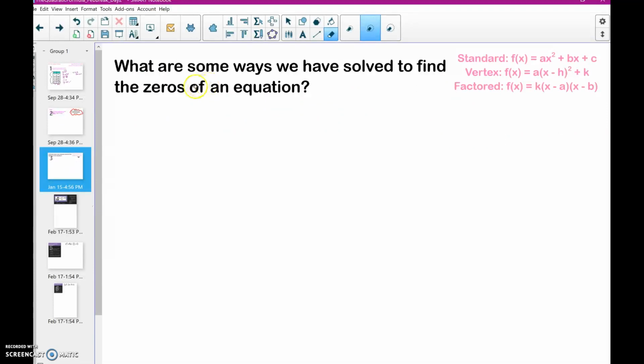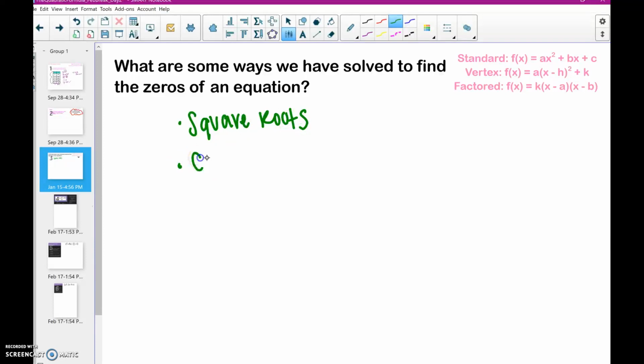So when we think about what are some ways we have solved to find zeros of an equation, if you just do a little reflection on what we've done, we have used square roots in order to find the zeros of an equation. We've used completing the square, which has helped us find those zeros. Those were our most recent ones.